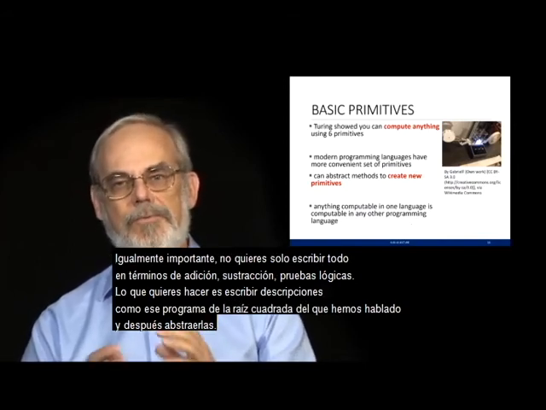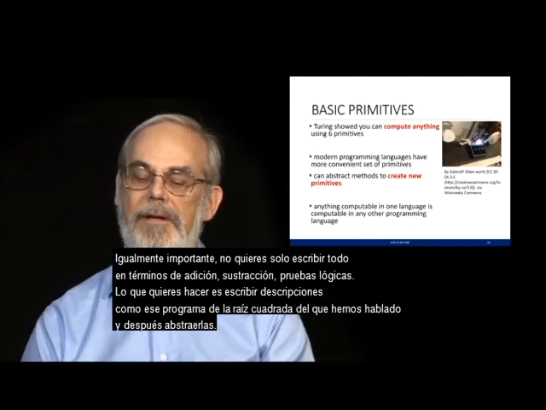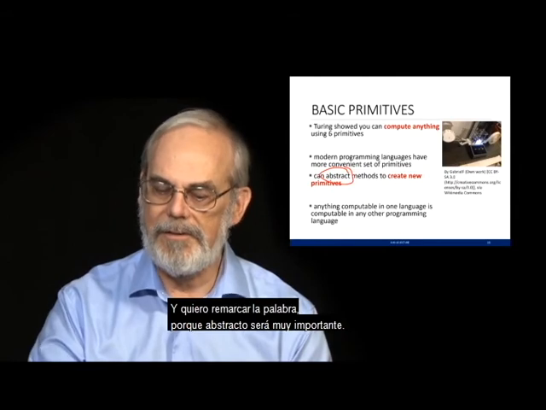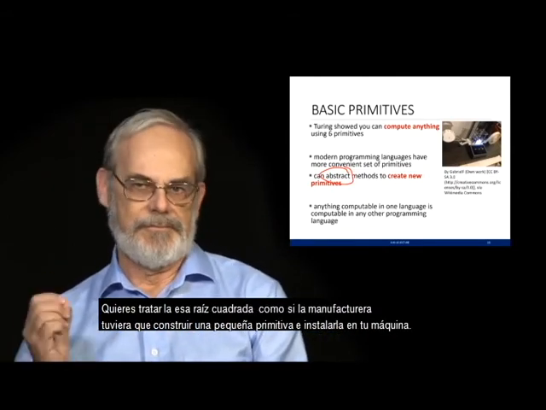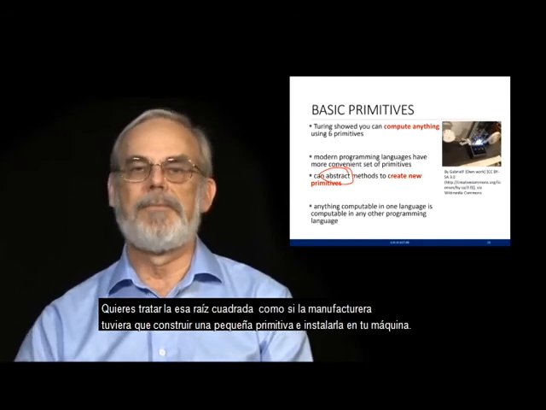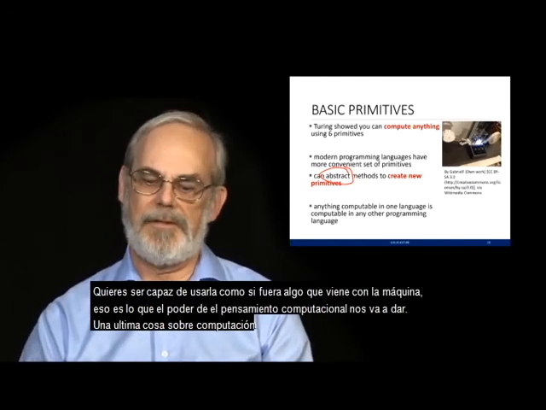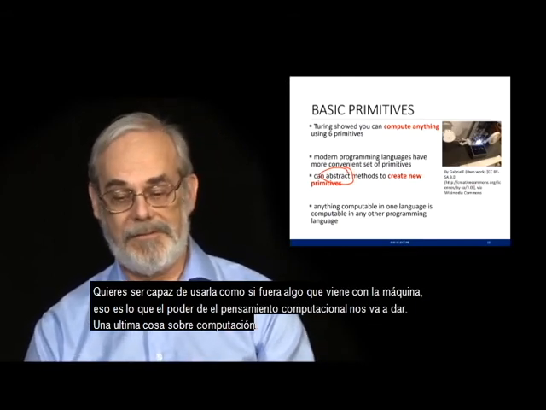What you want to do is write descriptions, like that square root program that we talked about earlier, and then abstract them. I'm going to highlight that word because abstract is going to be really important. You want to treat that square root as if the manufacturer had built a little primitive and installed it in your machine. You want to be able to use it as if it was something that came with the machine. And that's what the power of computational thinking is going to give us.